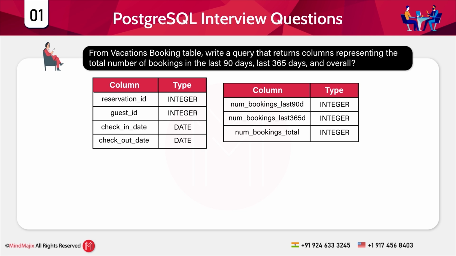The table on the right-hand side is the output table, where we want the output in this particular format. Here we have columns for number of bookings in the last 90 days, number of bookings in the last 365 days, and the total number of bookings. The data type over here is integer. I hope you guys have understood the question.